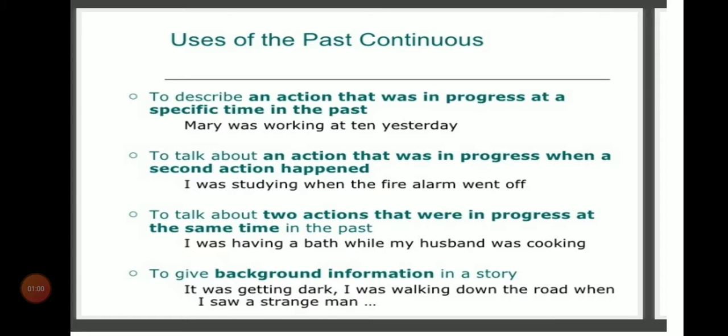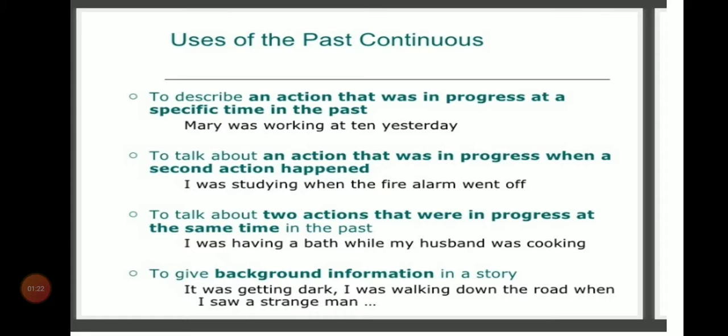We can also use the past continuous tense to talk about an action that was in progress when a second action happened. So we have two actions. One of them is a long action, takes a long time, and the other is a short action and takes a short time.